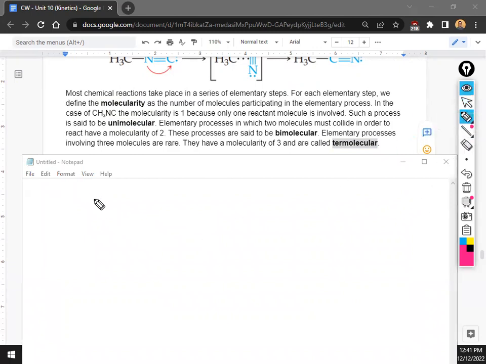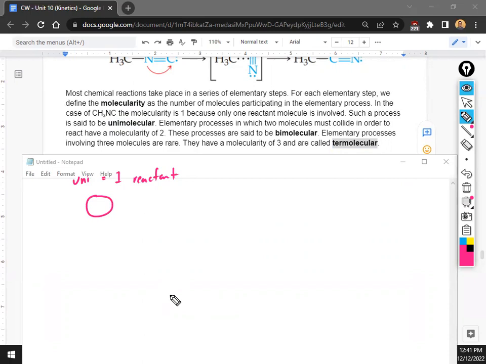So unimolecular basically means there is one molecule. This is uni, okay? And inside the molecule, something happens, and then the reaction completes. That's unimolecular, when there's only one reactant. Basically the one reactant does something to itself and it completes the reaction.